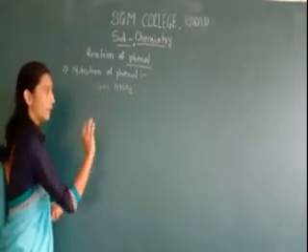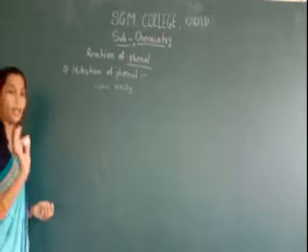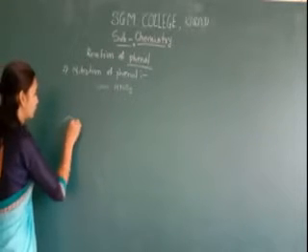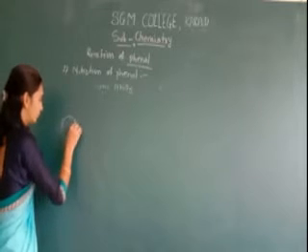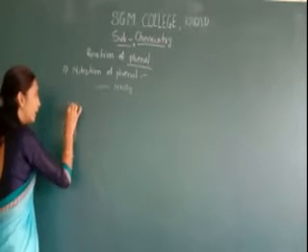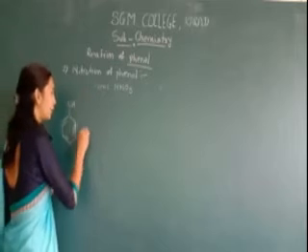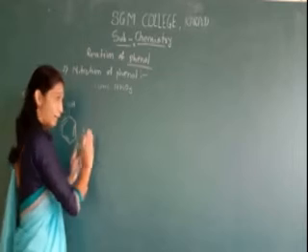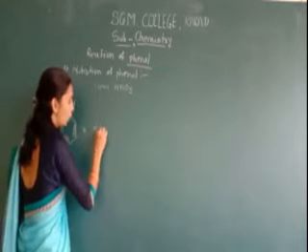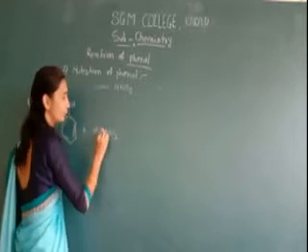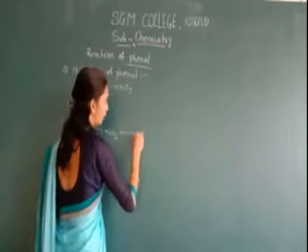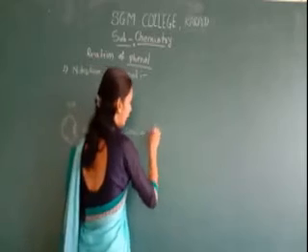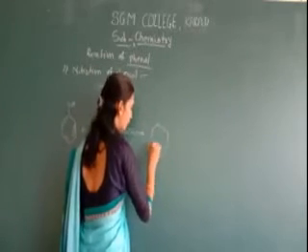I will write the reaction, then you will understand very easily. Here, phenol reacts with concentrated nitric acid. We write it by simplification as HONO2. We get the product like this.